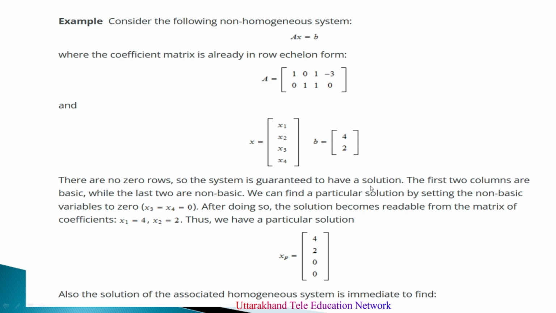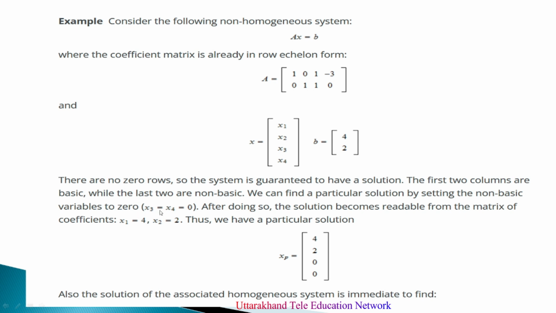In this example, we are just trying to demonstrate how to find a solution. The first two columns are basic, and how to decide the basic columns we have done in the previous slide, while the last two are not basic. We can find a particular solution by setting the non-basic variables to 0.